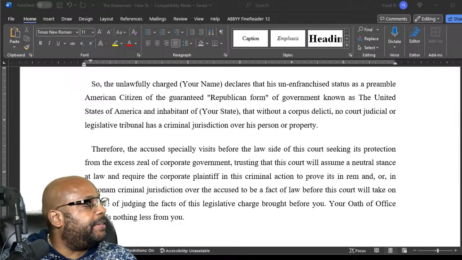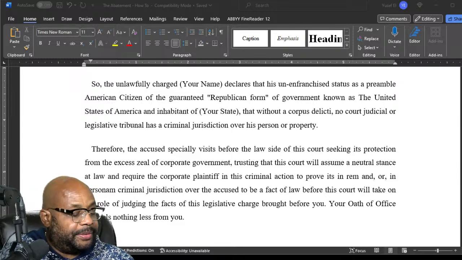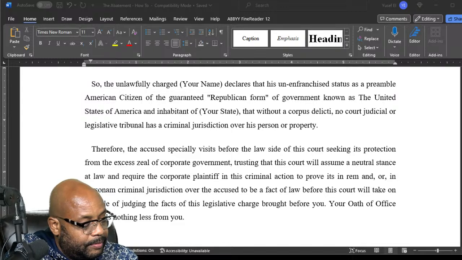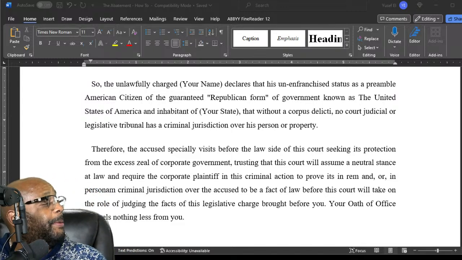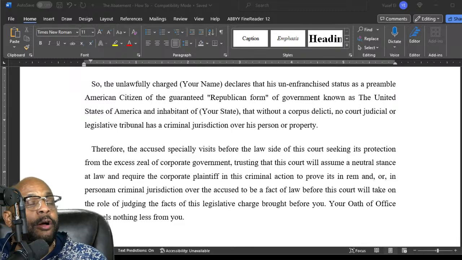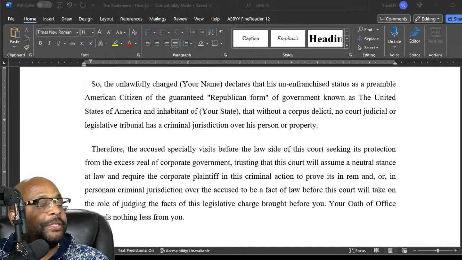It's called the Affidavit of Sovereignty. This is another good document that a lot of people have taken, and a lot of people have tried to create their own, and they changed it because they got punked out on the word sovereignty, and they say affidavit of truth.